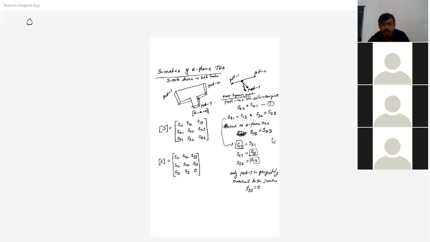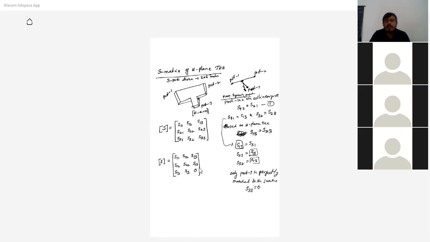Now I am substituting all these relations in our S matrix. The modified one is S11, S12, S13; S21 is equal to S12, S22 is there, S23 is also S13; S31 is also S13, S32 is also S13, and S33 is equal to 0.